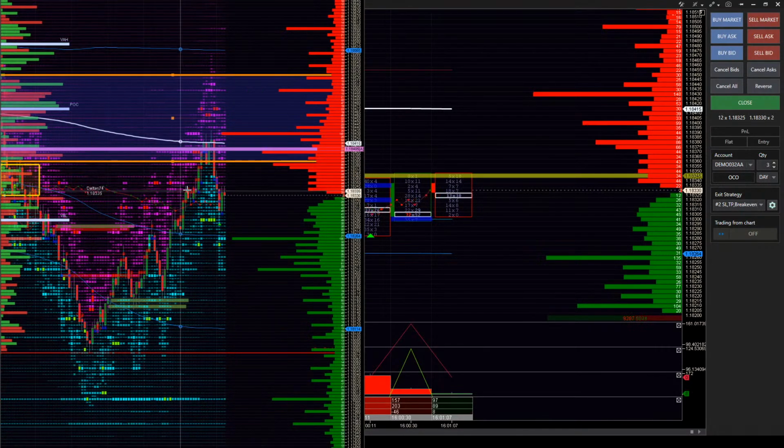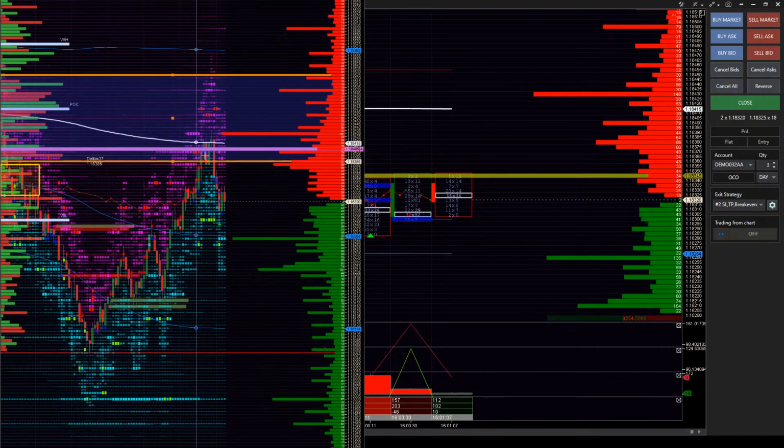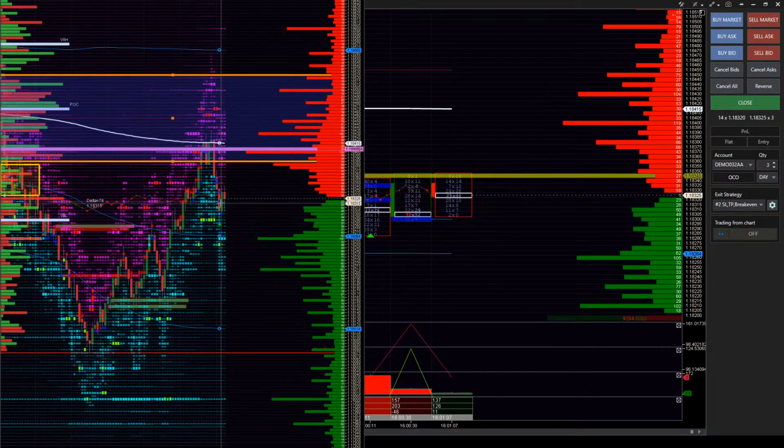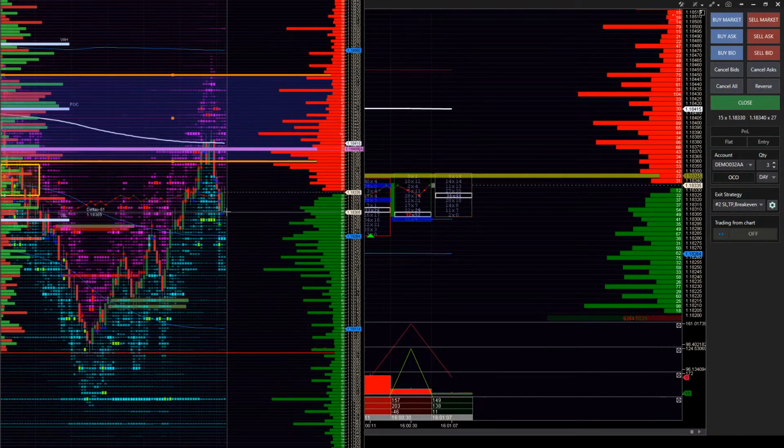Price went against us a little bit, but didn't reach our stop loss. It just went a little bit negative, and then they started to push the price down, and we hit our exit target, and we made a nice profit out of this movement here.